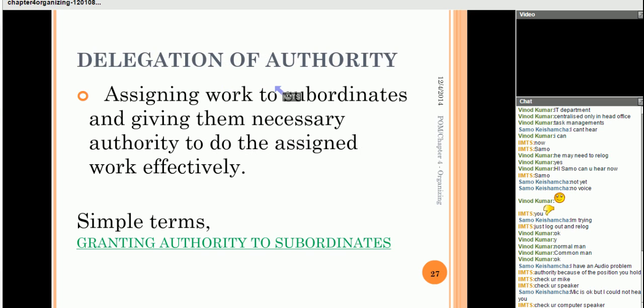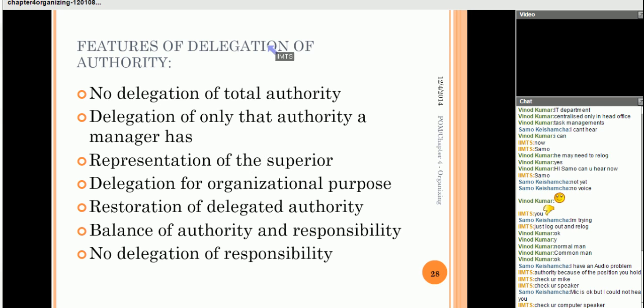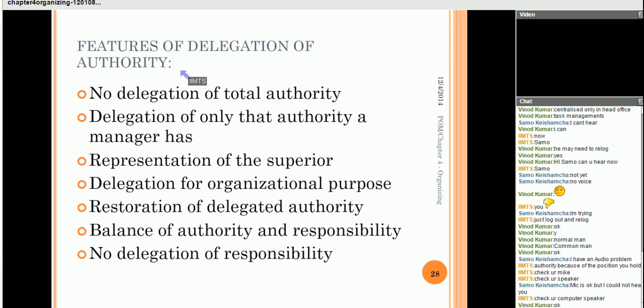So delegation of authority means assigning your work to your subordinates to get it done from them. Okay. And when you assign your work to somebody, you need to give the authority also to perform a particular task. Now, what are the features of the same?